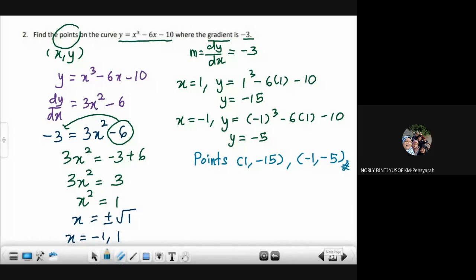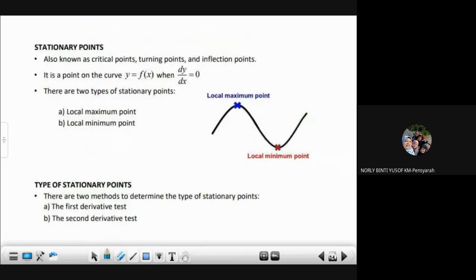Alright, then you see for stationary point. Macam mana cakap tadi lah, stationary point ni adalah also known as critical point. Dalam soalan dia akan cakap critical point, stationary, turning point or inflection point. So semua term dia membawa maksud yang sama.